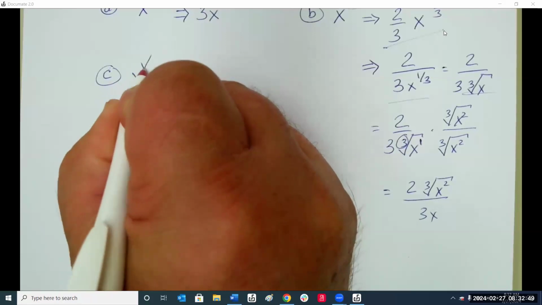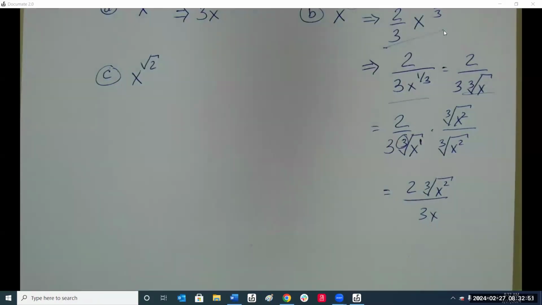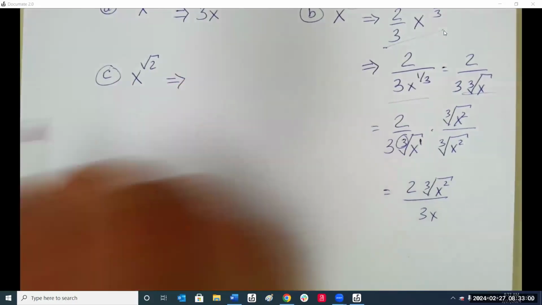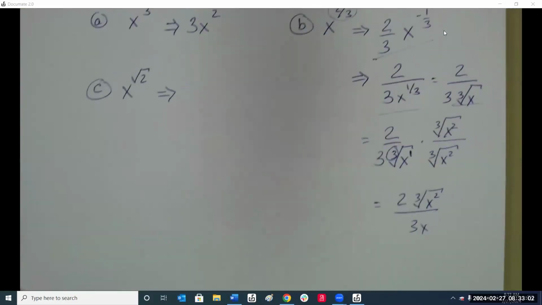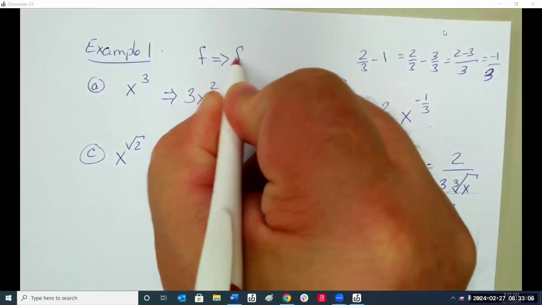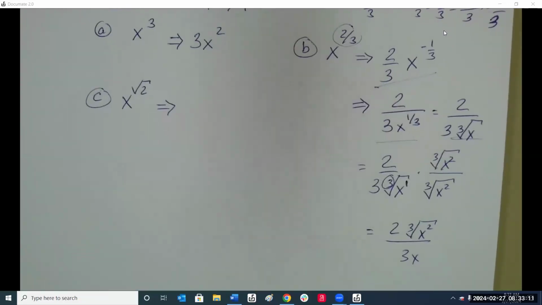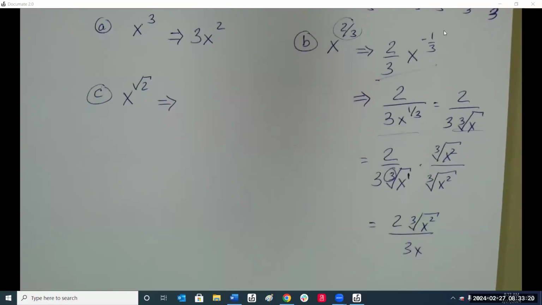x to the power radical 2. What does that one become? Yeah, because we're looking at f to f prime. That's what this whole thing is doing. So what's your answer?